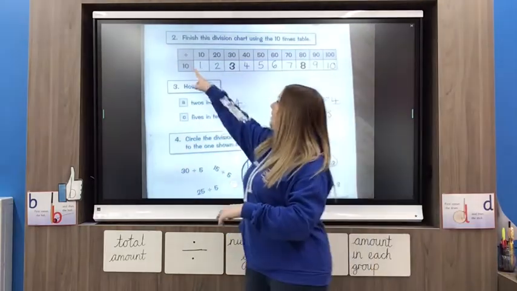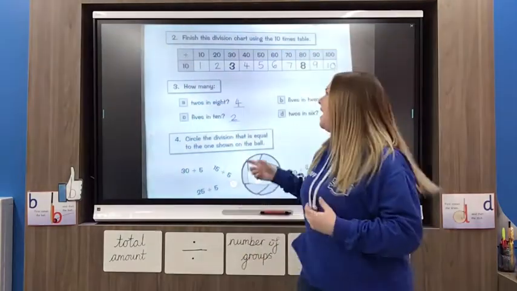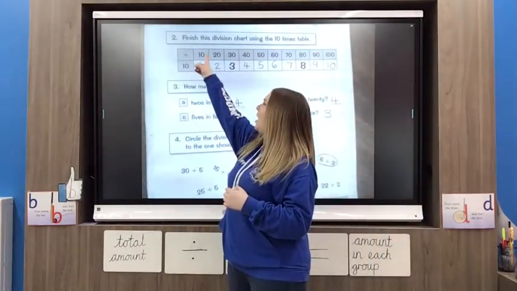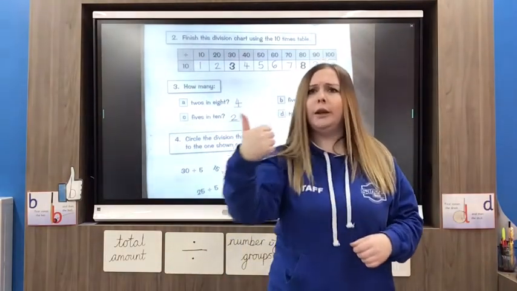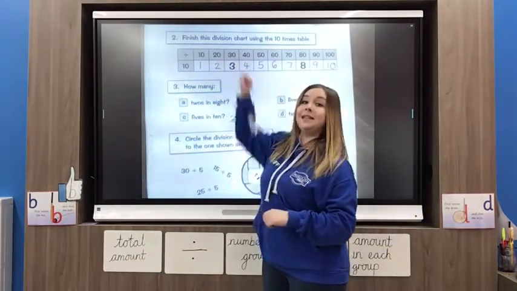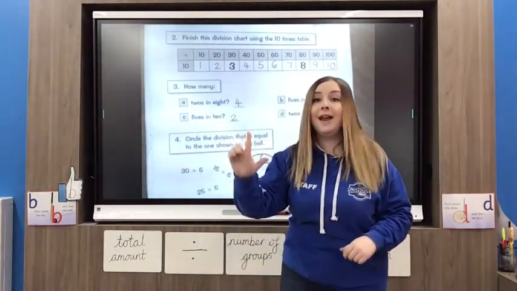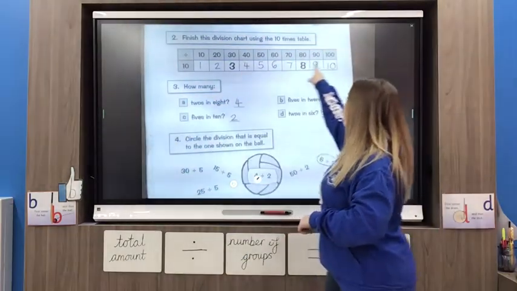And for this one, we used our 10 times tables to help us. And we thought, how many 10s are there in 10? 10, there's just one. How many 10s are there in 20? 10, 20, 2. And we carried on all the way along.